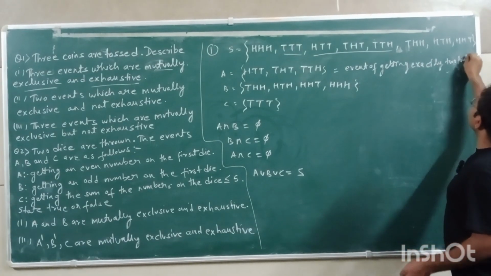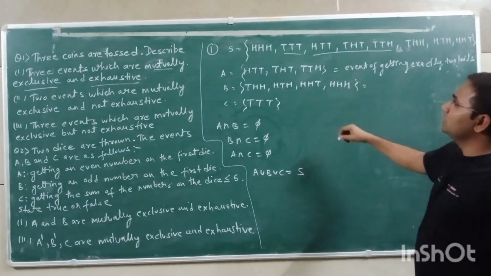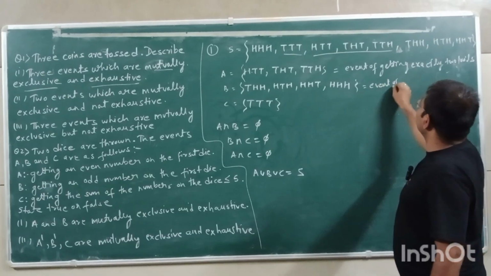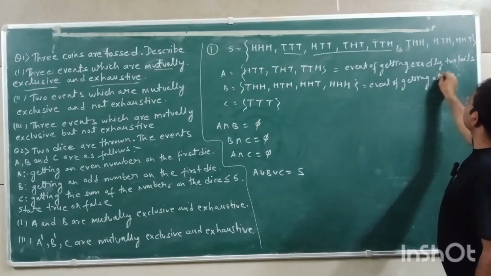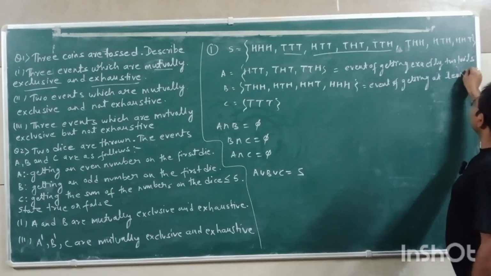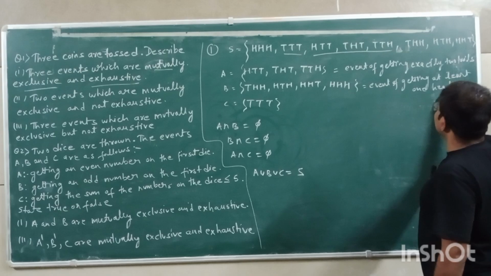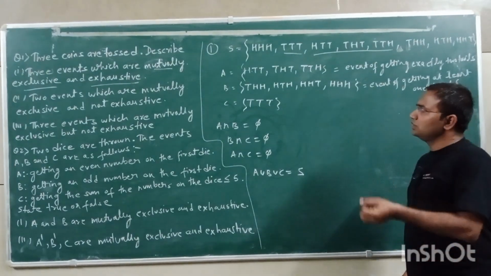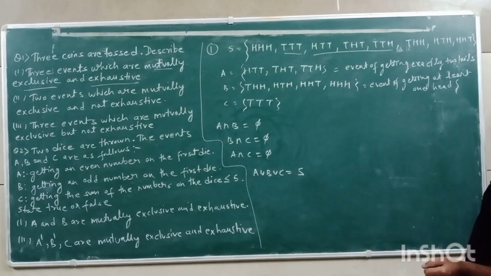This other event is defined as the event of getting at least one head. At least one head means one head should be there; if two are there, no problem; if three are there, no problem.